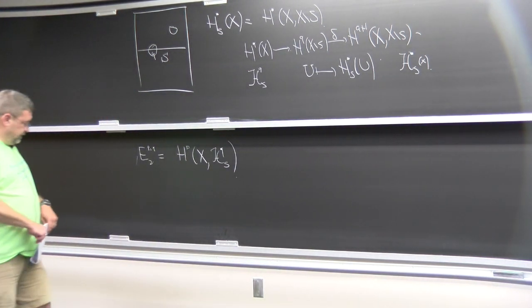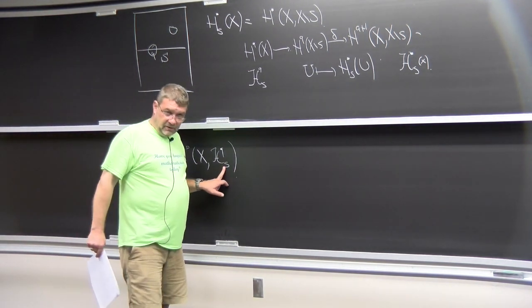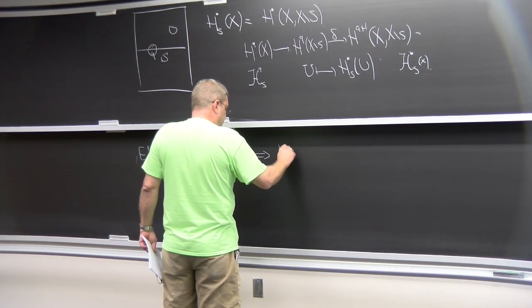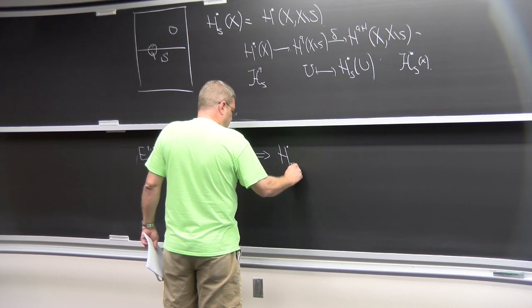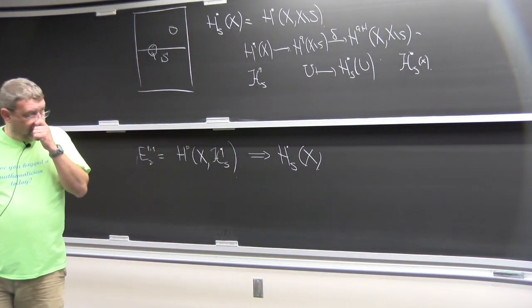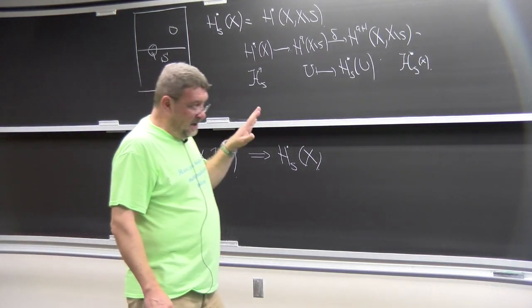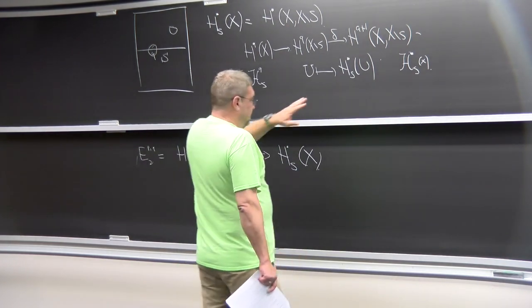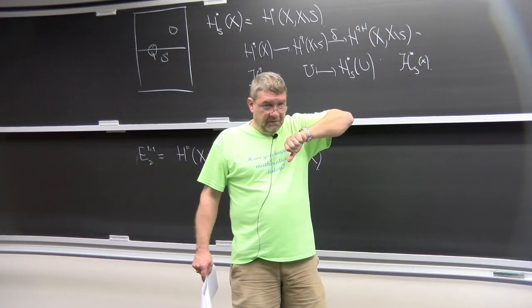So it's cohomology of X with coefficients in local cohomology sheaves, and this converges to local cohomology of X. And I will be mostly interested in the case when these sheaves are supported at finitely many points.